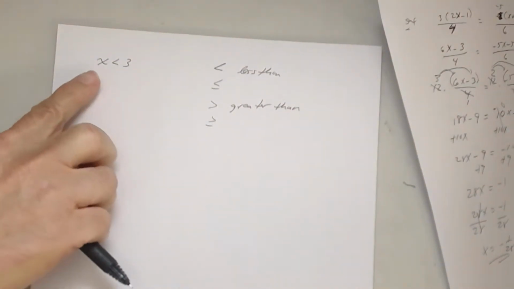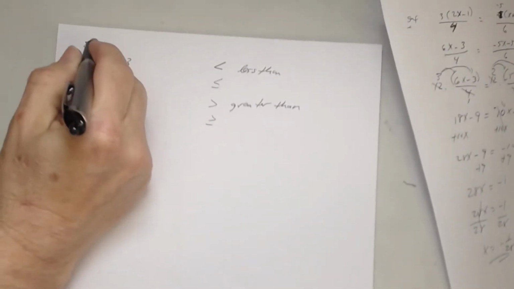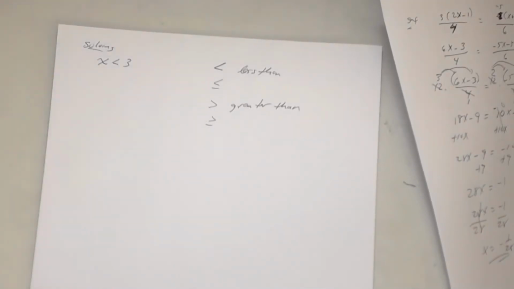So those are inequality symbols. This inequality says that when you're solving it, the solution would be any number that makes it true, just like the solution would be any number that makes these equations true. For the most part, there was just one number that made the equation true.